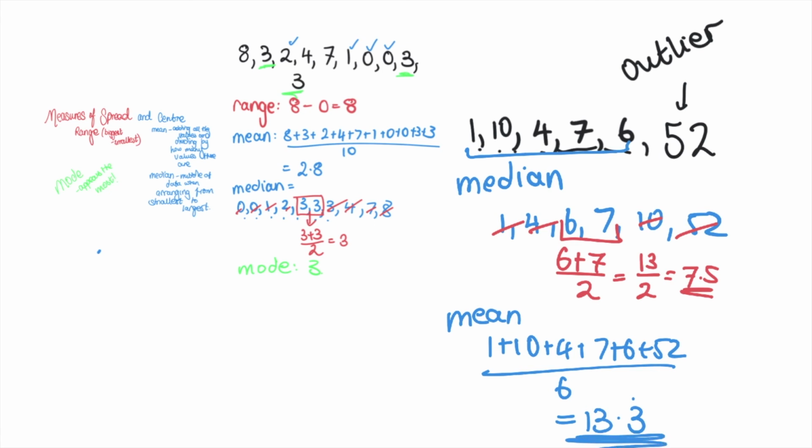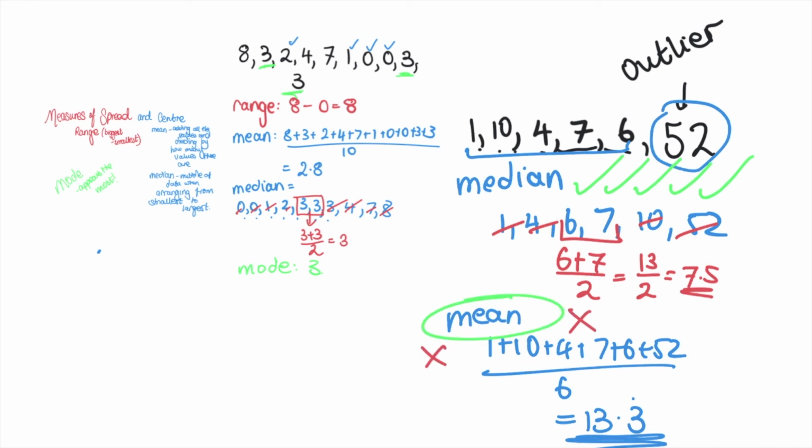So is this a true representation of the middle of our data? I hope all of you are saying no. And that's because our outlier here is influencing the outcome. So just watch out, when you have an outlier, it is better to use the median because it's not affected by the outlier, whilst the mean is affected by the outlier. So just watch out for that.